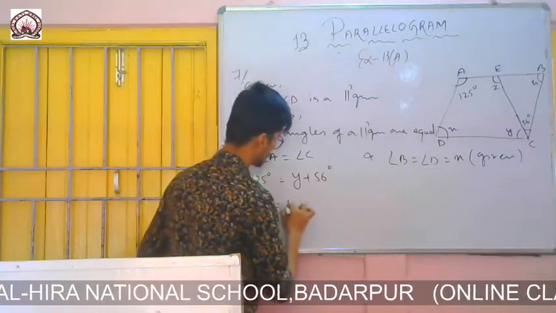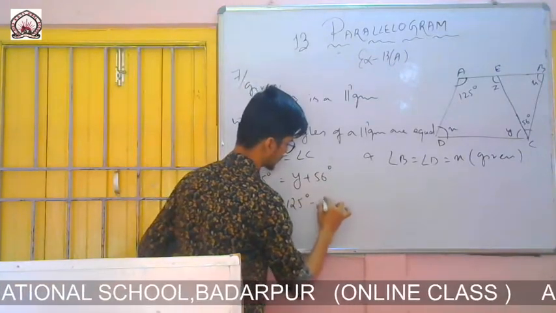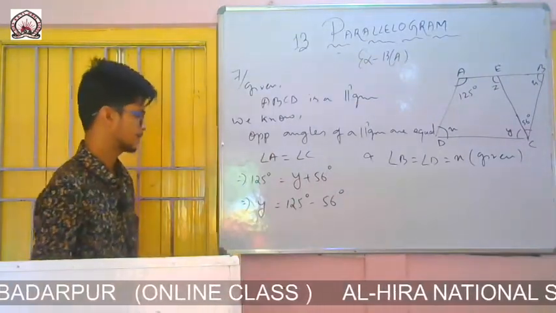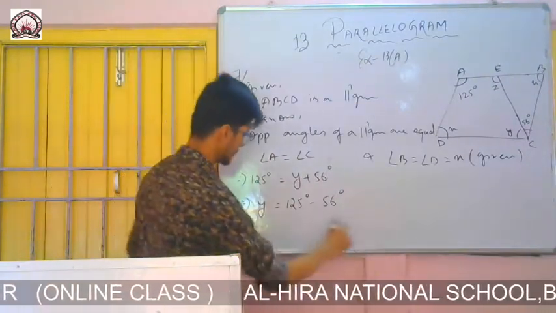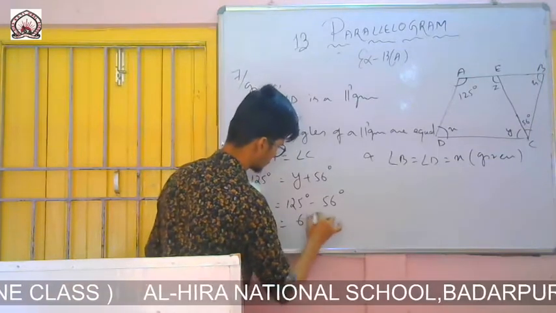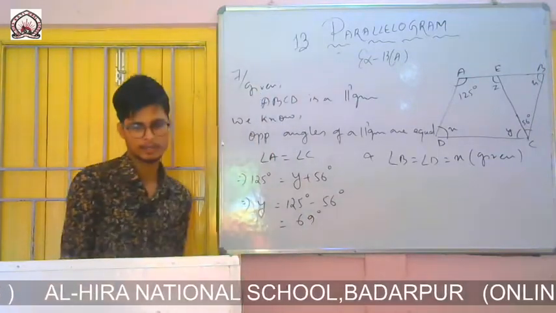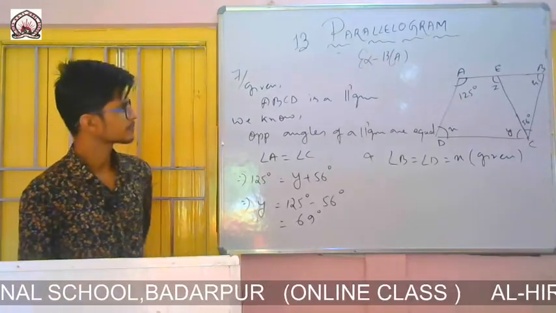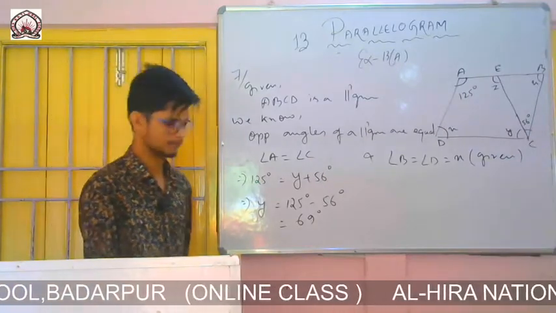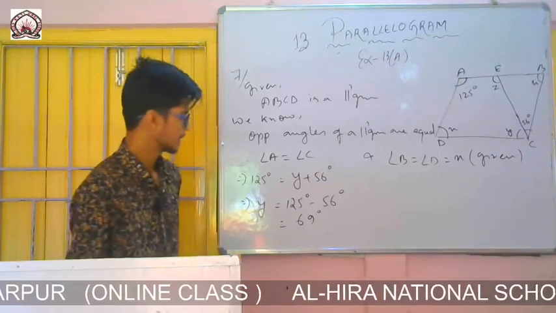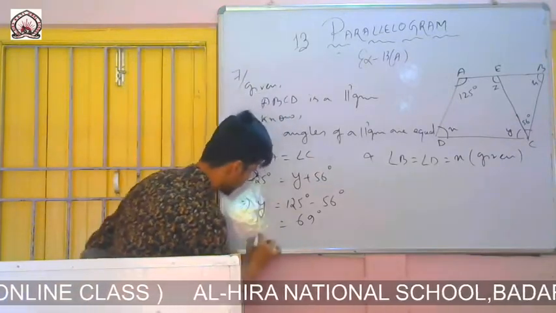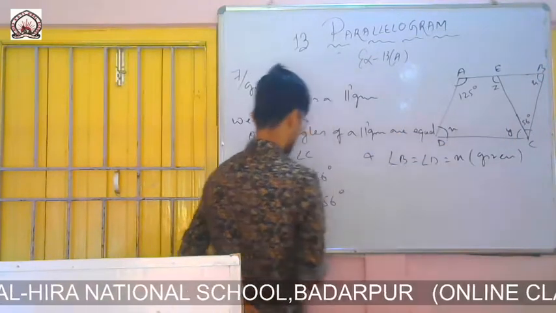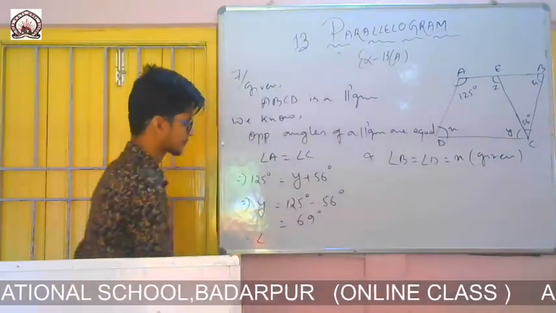Y will be equals to 125 degree minus 56, which equals 69 degree. So the value of Y we got, Y is equals to 69 degree.